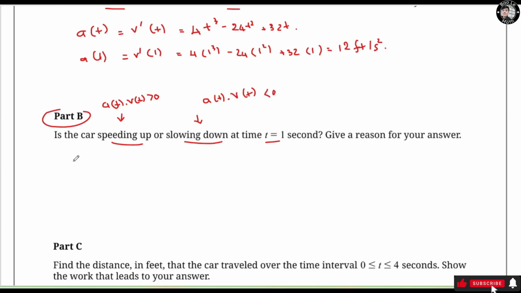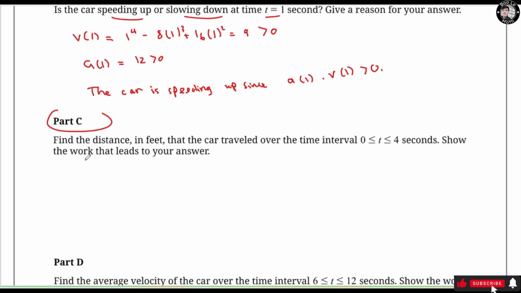So we need to calculate v of 1, which is going to be 9. This is greater than 0. Now a of 1 we got above is 12, greater than 0. So a of 1 and v of 1 have the same sign. The car is speeding up.